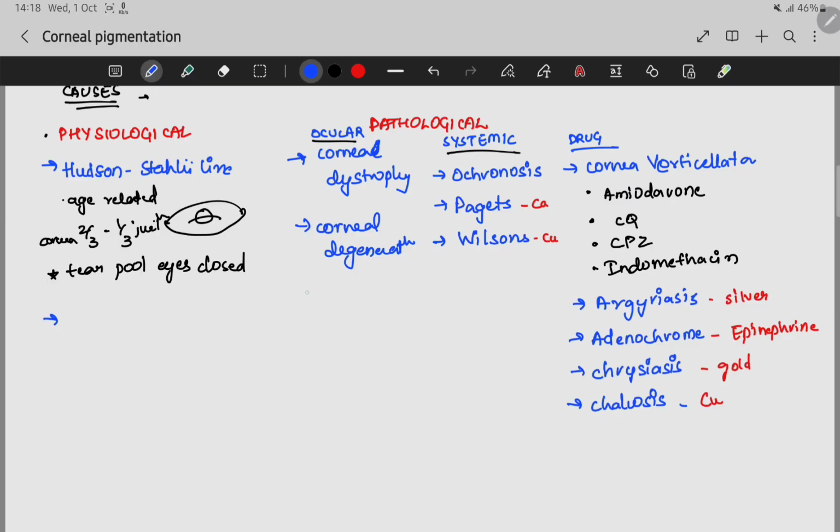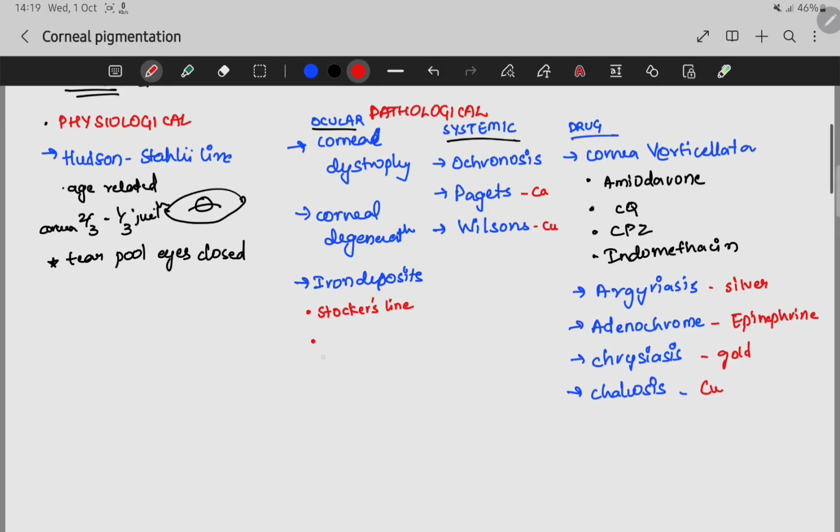Then we have other causes of iron deposition which are pathological. So in physiological iron deposition we have discussed Hudson Stahli line. So there are other iron deposits which are seen in some corneal as well as systemic diseases. So in iron deposition we have Stocker's line, Ferry's line, and siderosis.